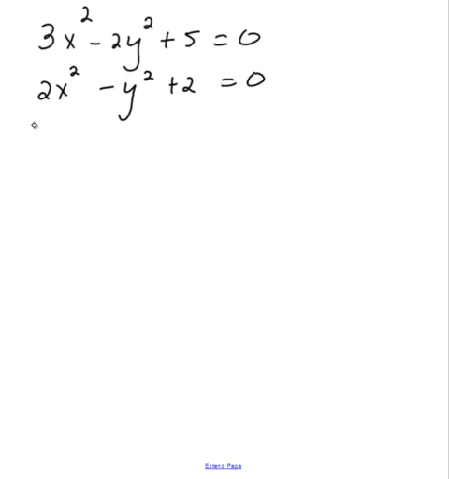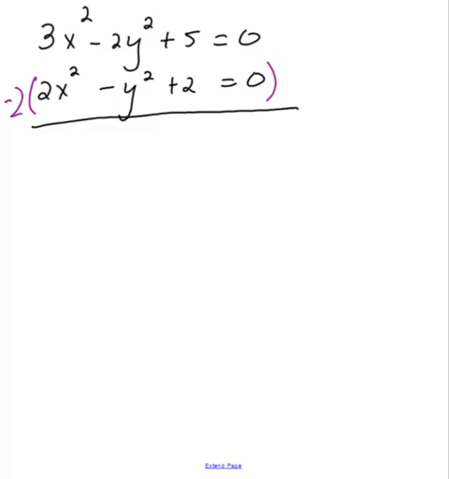And these two equations are lined up, which means they both have the x squared first, then the y squared, then the number. So I look at these and I see that I can multiply the bottom row by a negative 2, and then I would have a positive 2y squared down here, which would add out with a negative 2y squared above it.